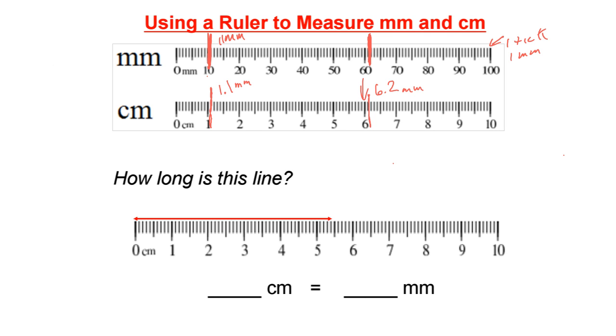And where does this come from? Wait a second. This reminds me of something that we studied before. If I went from centimeters to millimeters, I would multiply my stuff by 10, otherwise known as move the decimal over 1 to end up with 62 millimeters. So now if I'm actually going from millimeters to centimeters, this is where we got the idea of dividing by 10.